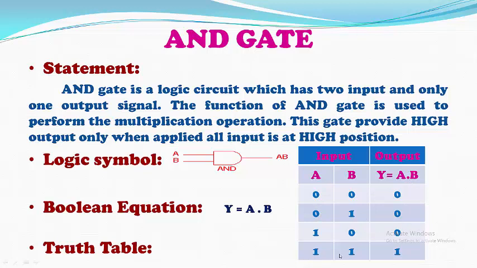And when both inputs are at high position, we get the multiplication result as 1. So this is the truth table of this AND gate, in which the AND gate provides high output only when both inputs are at high position.